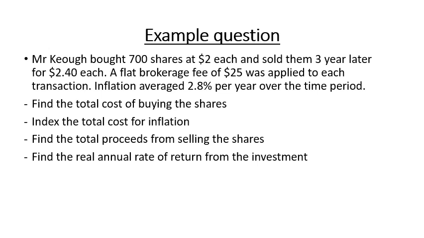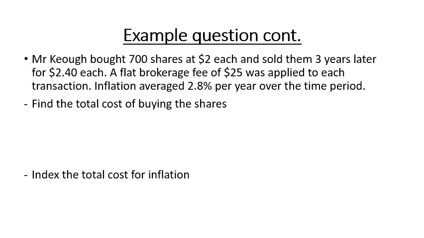First of all, we need to find the total cost. The total cost is our 700 shares multiplied by $2 each. That's going to be $1,400. But remember, we've got a brokerage fee, a flat rate of $25. So we need to add $25 for the brokerage.